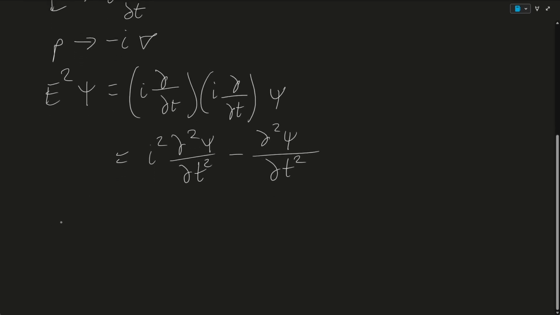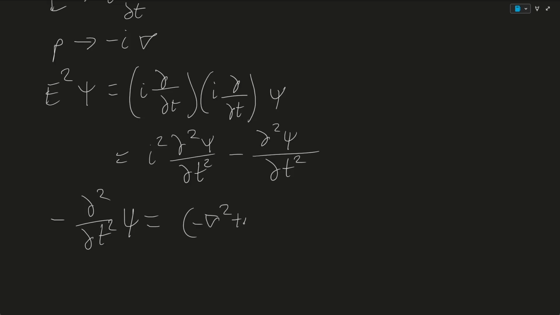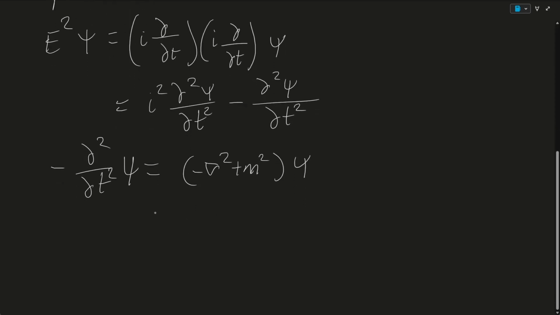And so we can say that minus the second time derivative of psi is equal to minus the Laplacian plus m squared times the wave function, sorry.